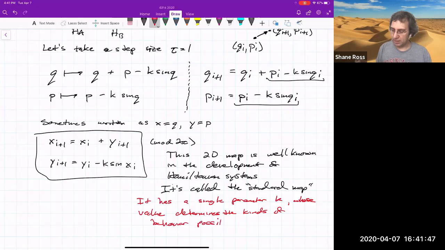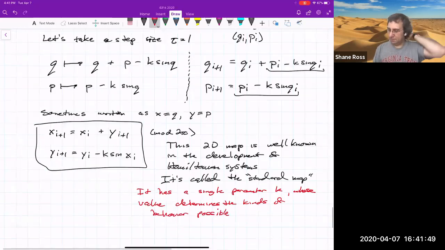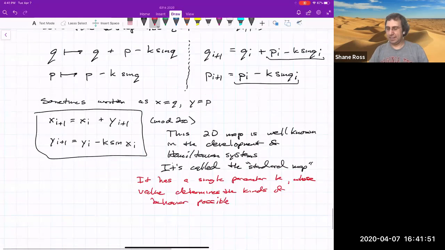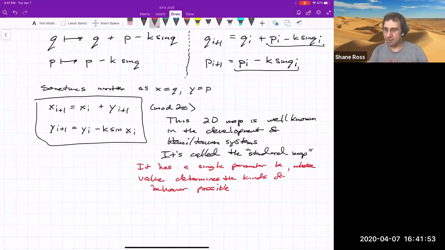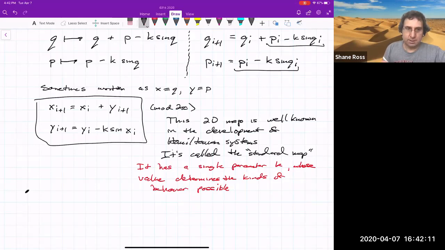So in some sense, the standard map is sort of like a chaotic version of the pendulum that is easy to implement on a computer, because you start with initial points and it just maps where those points go to. So this map, right?